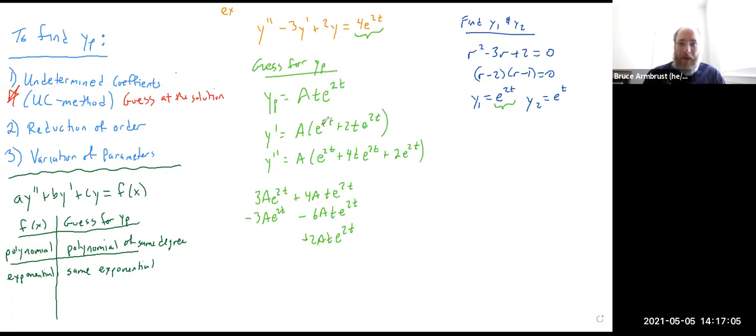Derivative of t is 1, so derivative of e to the 2t is 2, 2t e to the 2t. That derivative is e to the 2t, 2, so 4t e to the 2t, 2 e to the 2t. Oh, no, never mind. 3a, 4a, minus 3a.